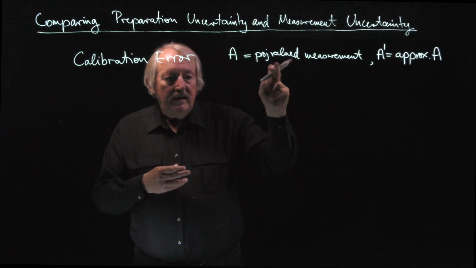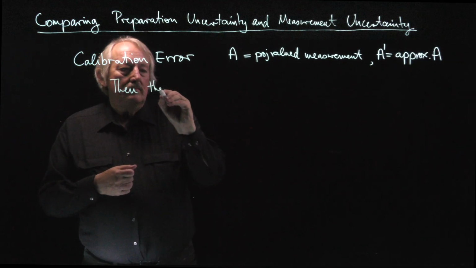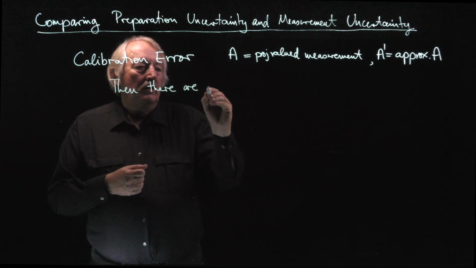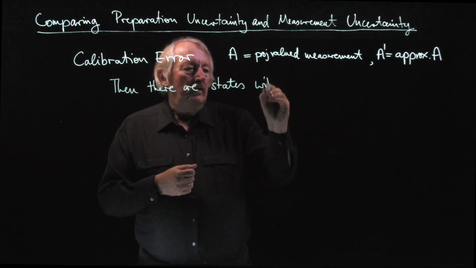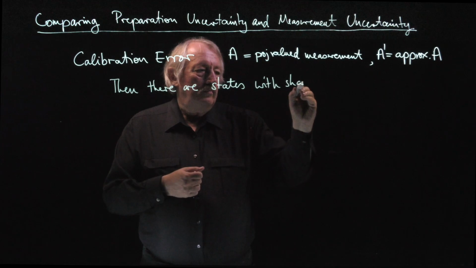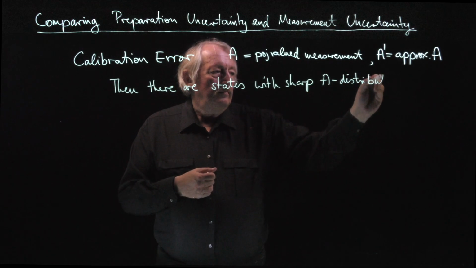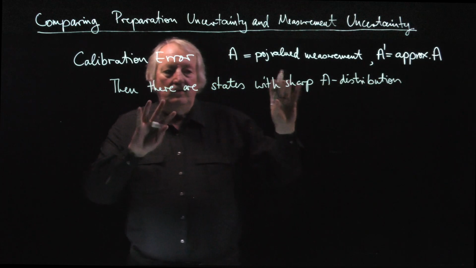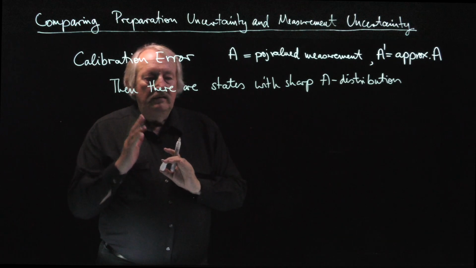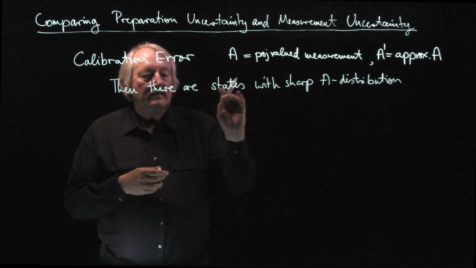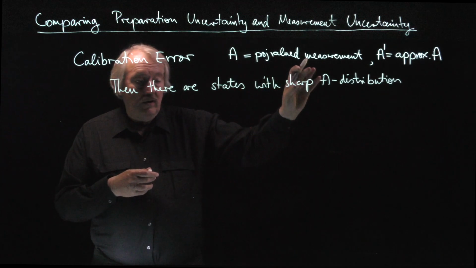Okay, so in that case, there are states with sharp A. Remember, we are testing all these devices on various states. Now, one way to do that is to say, okay, let's take a state where I know the value of A, of this reference measurement.